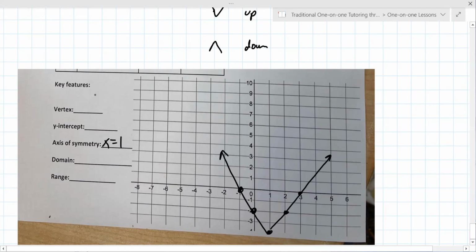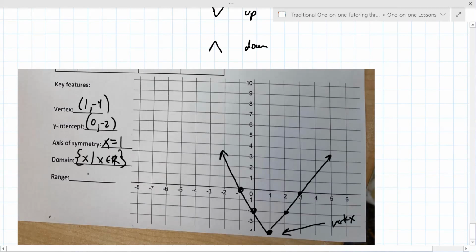This one does have a vertex. It's right there. The vertex would be 0... oh, I mean 1, -4. Yeah. And then the y-intercept is 0, -2. The domain is this thing again: there's no restrictions on x.